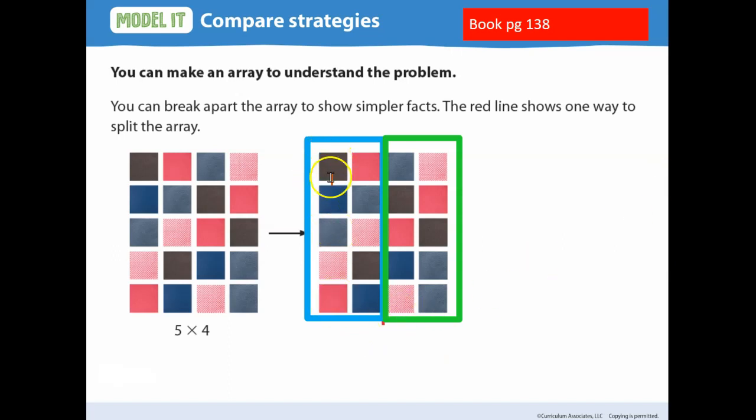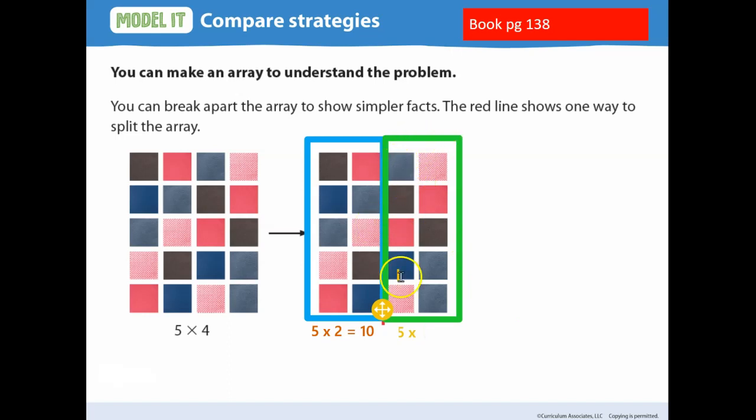I have how many rows again? 1, 2, 3, 4, 5. 5 rows. And how many in each row? Just 2 on the left. That equals 10. But then I have the array on the right. How many rows do I have? 5. Times how many in each row? 2.